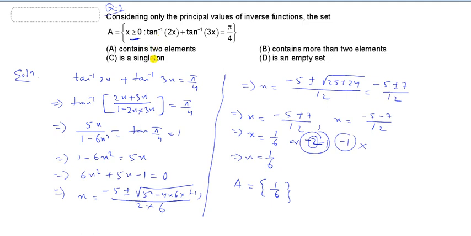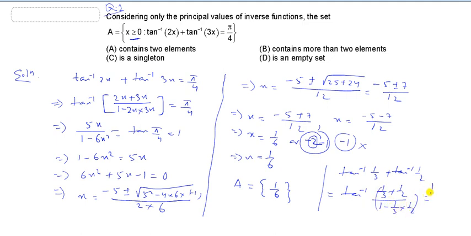Now if I put 1 by 6, let me try to check these values. This will be tan inverse 1 by 3 plus tan inverse 1 by 2. So let us see this. This is tan inverse of (1 by 3 plus 1 by 2) divided by (1 minus 1 by 3 multiplied by 1 by 2).